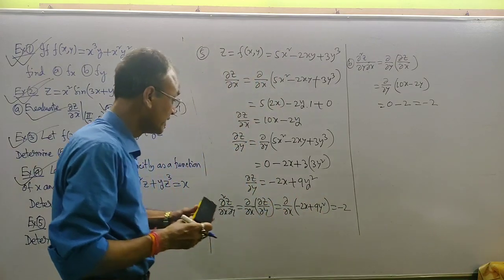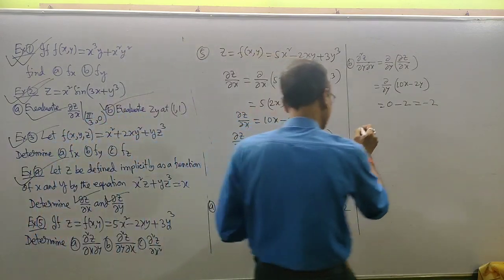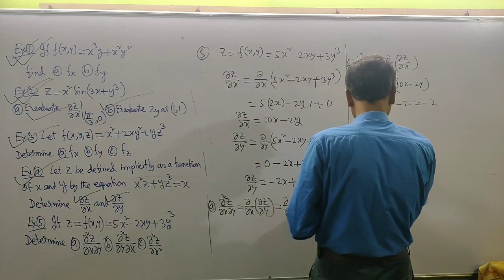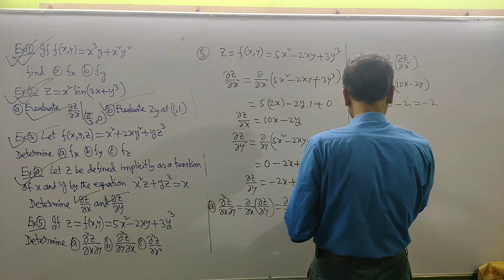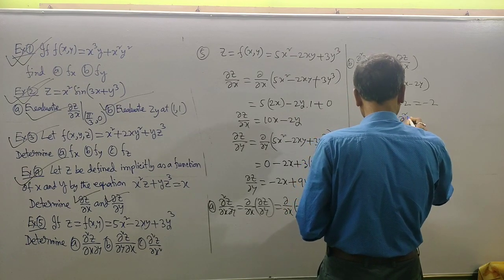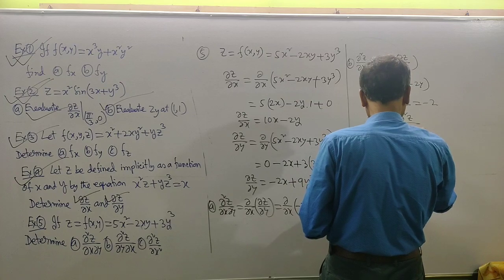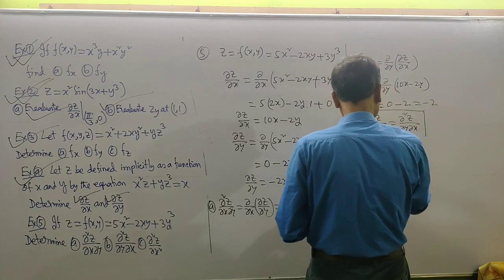You see here del 2z by del x del y equals del 2z by del y del x. Generally you will get this.